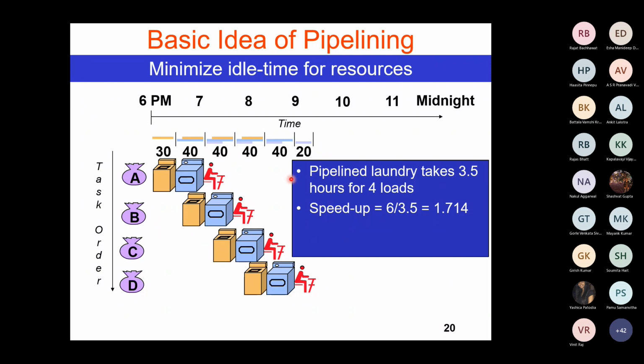Here this pipeline is not balanced, in the sense that you have 30 minutes, 40 minutes and 20 minutes. Because of this imbalance, it's difficult to achieve the best possible speed up. But can you tell me intuitively what the maximum speed up is?